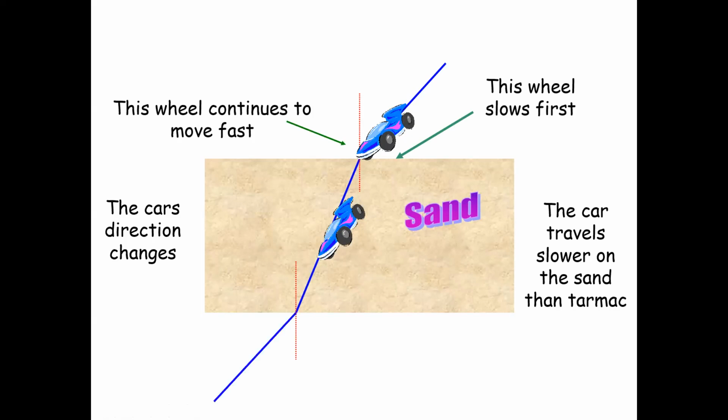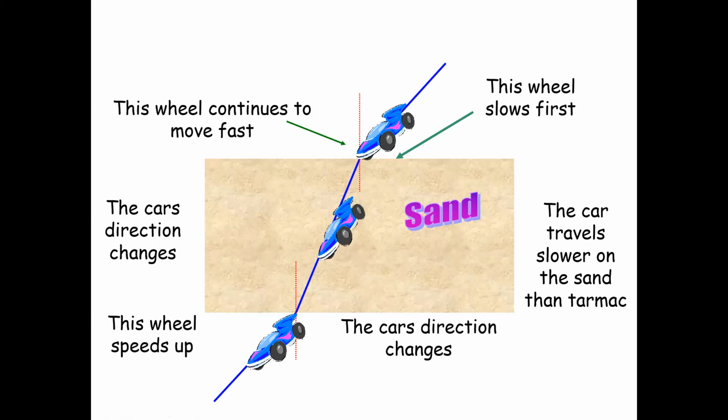Then when it again moves on the track, the speed will increase. The same thing happens for light. When light is traveling in air, it is moving faster. When it travels in glass or water, it slows down, and then when it travels in air again, it becomes fast.